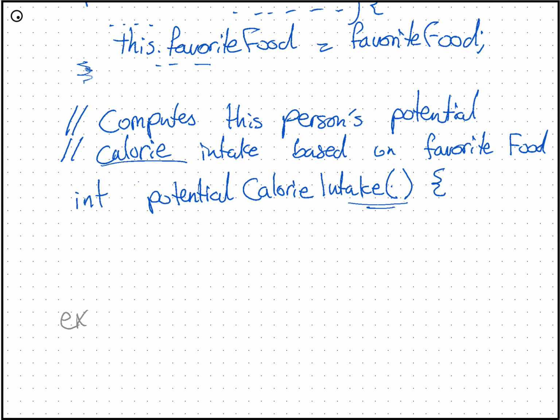So our example could be, let's see, Irfan, you could be a person, and when I do a potential calorie intake method on you, let's say your favorite food is, what's your favorite food? It's a chocolate cake, probably. All right, chocolate cake. Do you know what the calorie is for the chocolate cake?